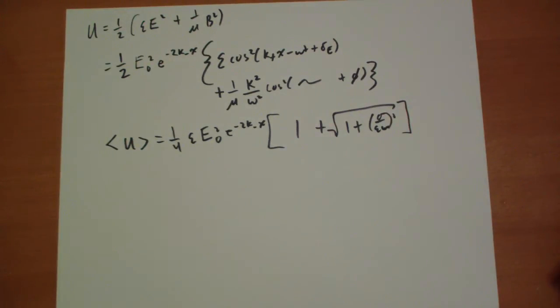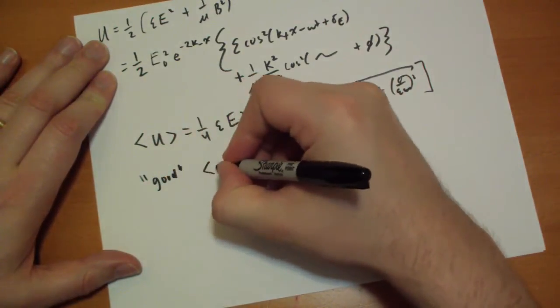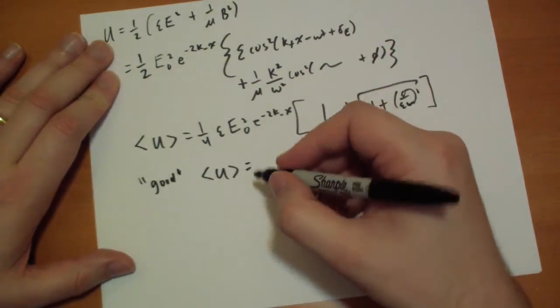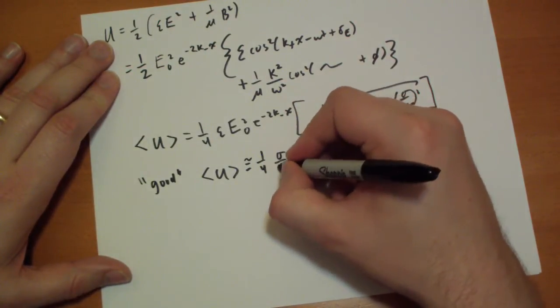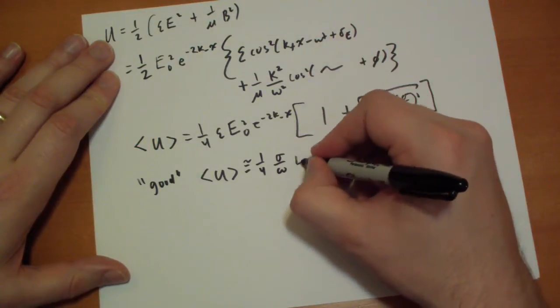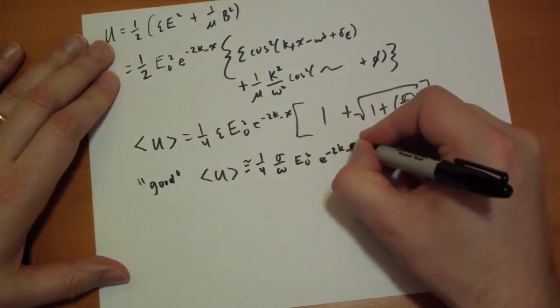The good conductors, where σ over εω gives you a value that's much greater than 1, in those cases we can simplify for good conductors. We get our U about equal to 1/4 σ over ω E₀² e^(-2κ₋x).